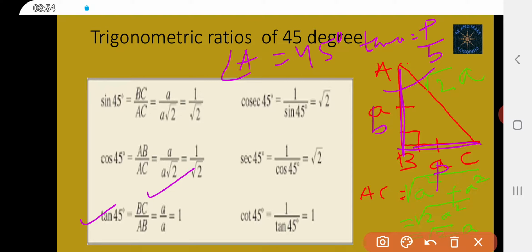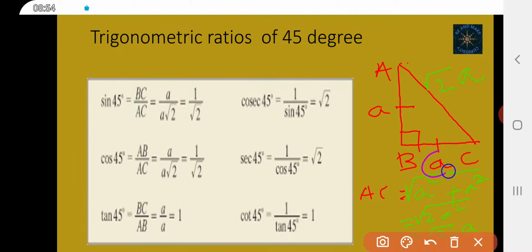So BC by AB. BC is equal to A and AB is A. So A by A cancel, then you get 1.